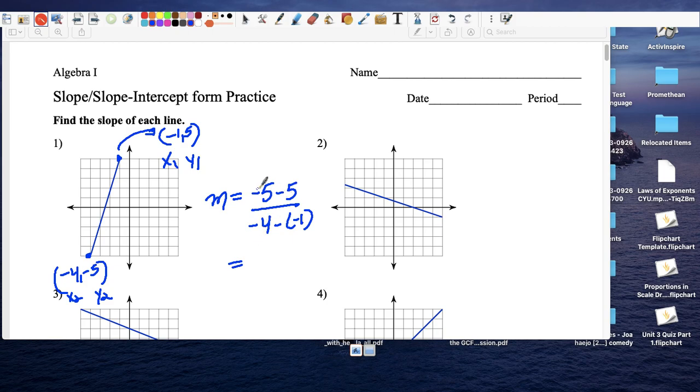So we have -10 over -4 plus 1, which is -3. So my slope is 10 over 3, right? Just leave that alone. You don't have to change it to a mixed number, right? So we know a negative divided by negative is positive, so just leave it like that.